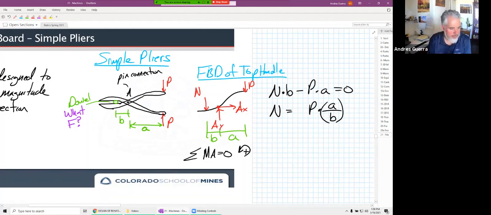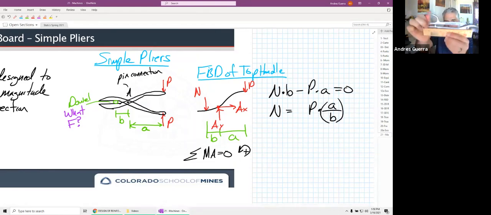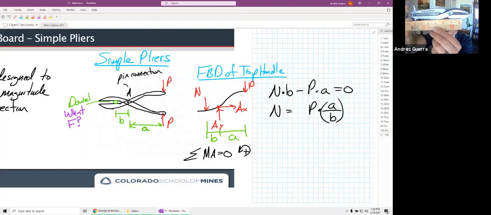Here's my pliers, here's a ruler. It looks like we're about 6 inches or so, just guessing there, not 7 inches. Maybe it's about 7 inches or so.